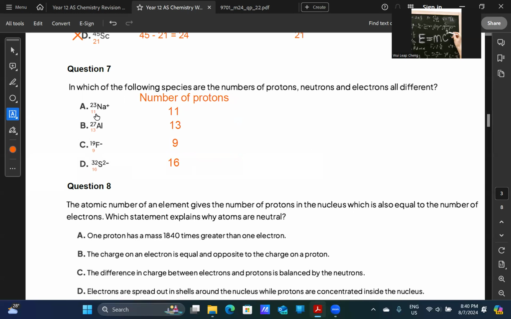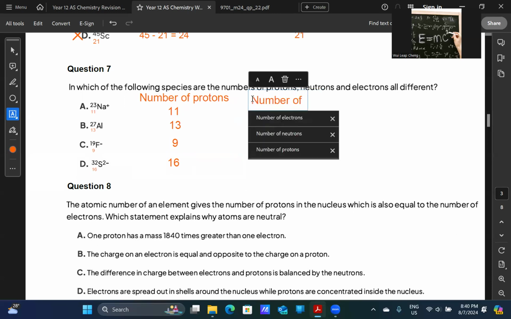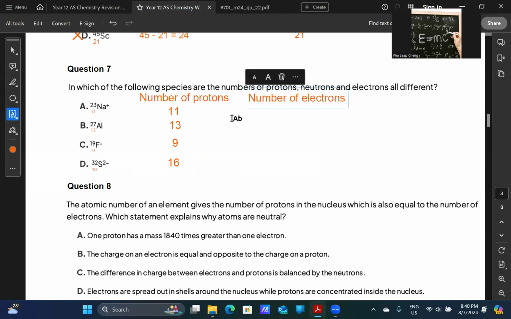Last but not least, repeat again. Atomic number is the number of proton. Number of electron.